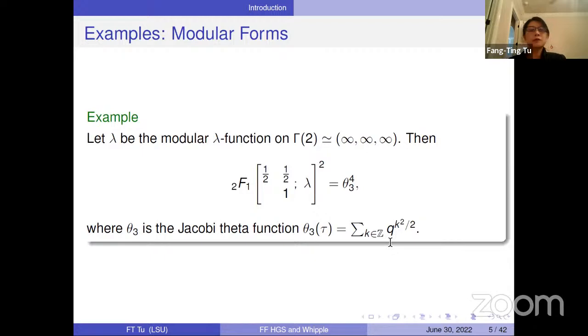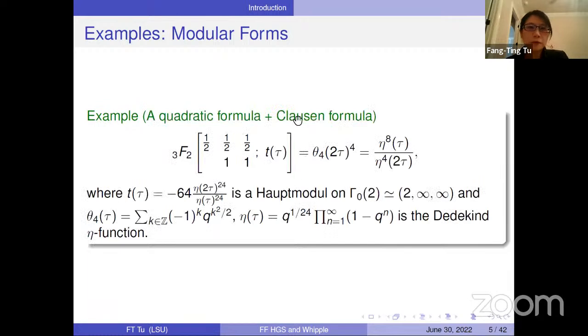Okay, and also in some special cases, the square of the 2F1 function is equal to a 3F2 hypergeometric function. So for example, if we apply a suitable quadratic transformation and the Clausen formula, we get a 3F2 function like this.